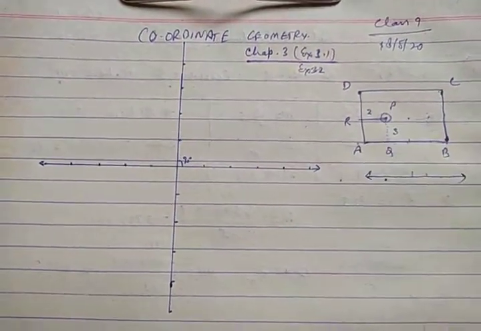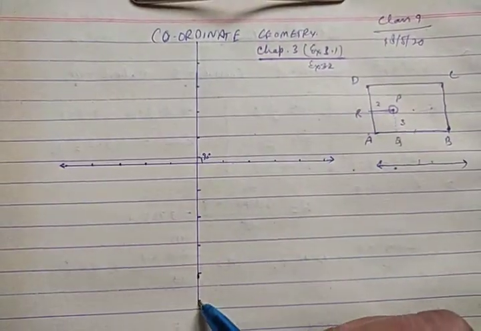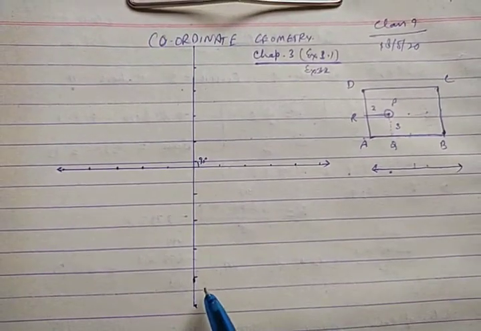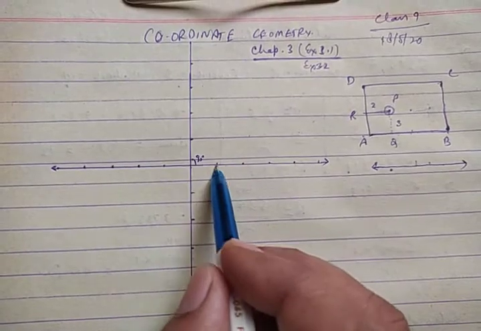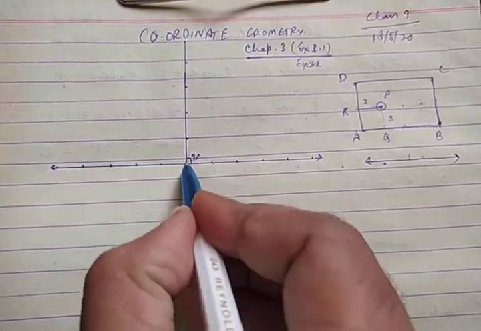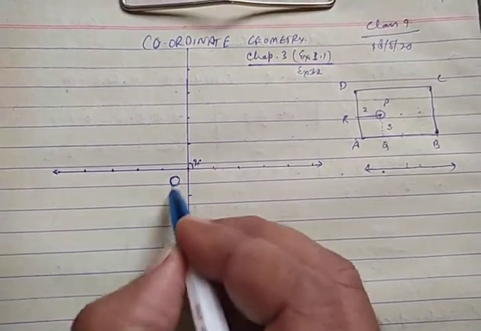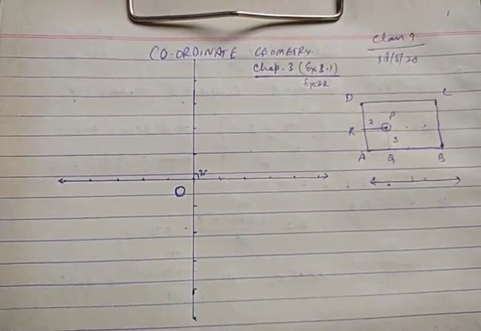As these are perpendicular lines, you can draw two lines perpendicular to each other and mark like this. I have marked here at 1 centimeter distance, taking this as the starting point, and that is denoted by the letter O. It is fixed, and it is called the origin.